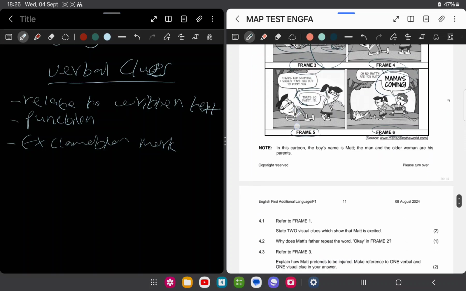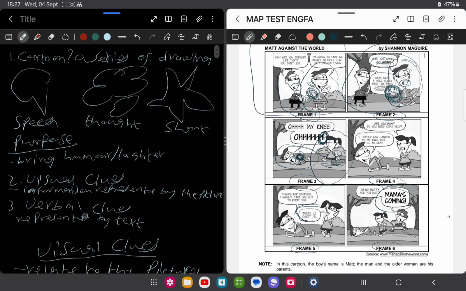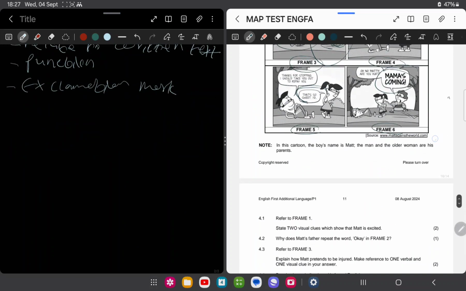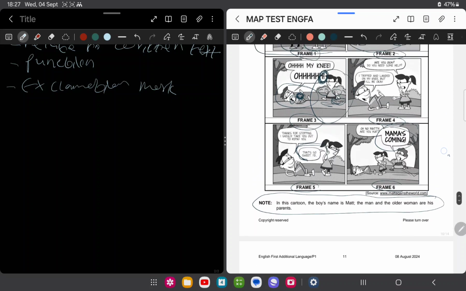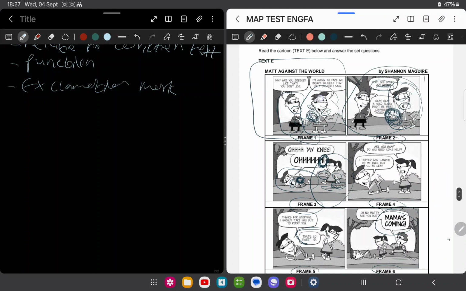So before you attempt to analyze the cartoon using whatever I've said, I've written here, you have to come here and read this text. It will guide you about the characters in the cartoon. In this cartoon, the boy's name is Matt. Here's the boy.